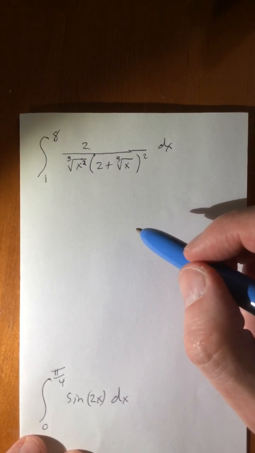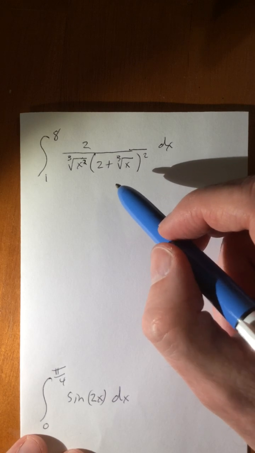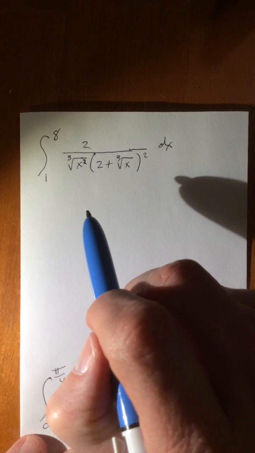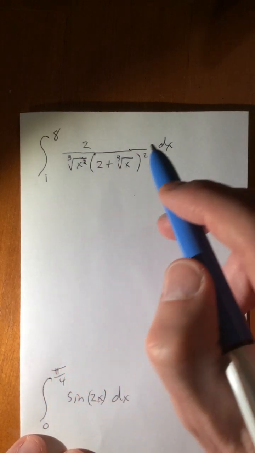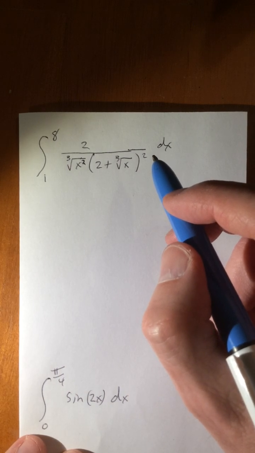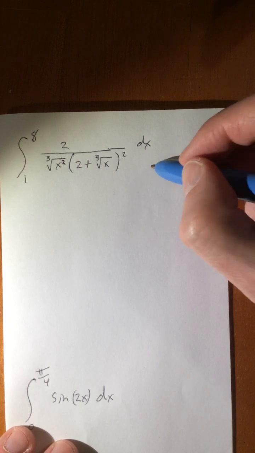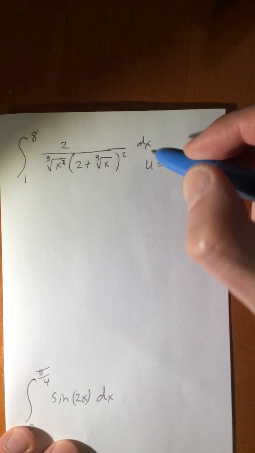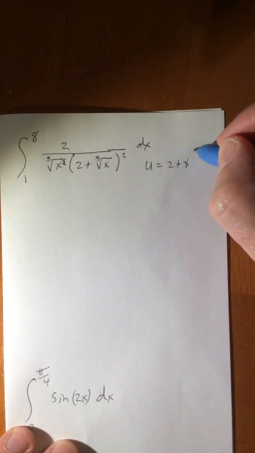So I'm pretty sure that's going to be good now that I think about it. Okay, so this looks like our inner function right here, and we'll hope that 2 over the cube root of x squared is going to be more or less what our derivative is. And if I did things in my head correctly, then we should be okay. All right, so u is going to be 2 plus x to the 1/3.